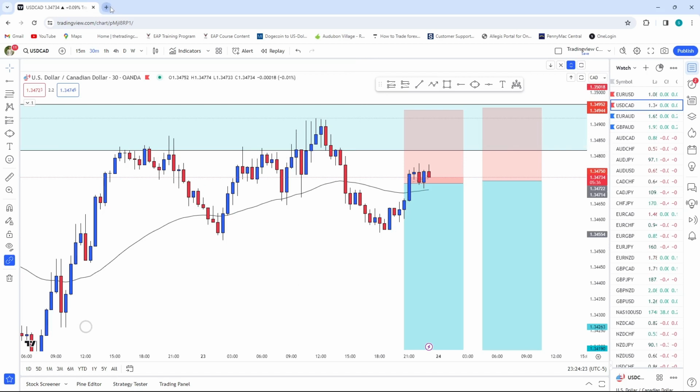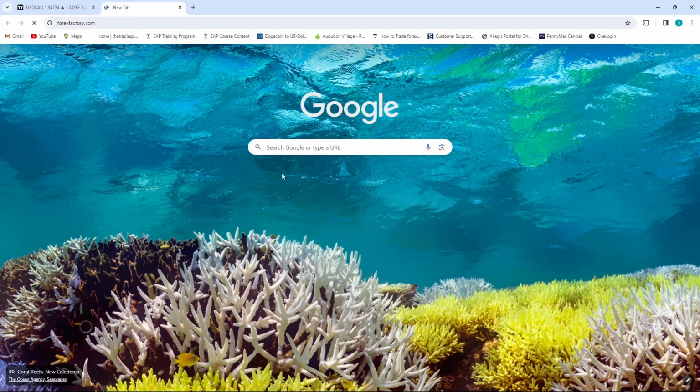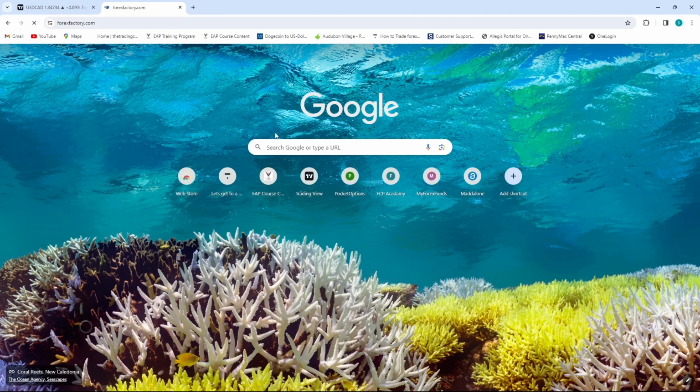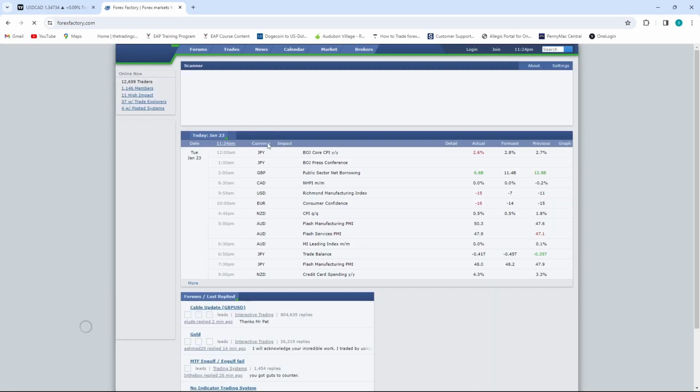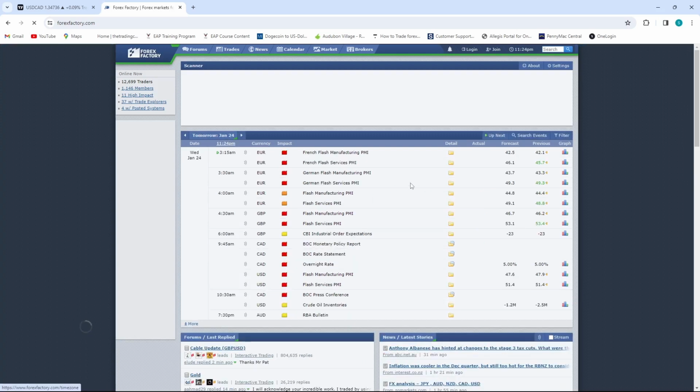Now, we do have news tomorrow for both CAD and USD, which I am a little bit hesitant on, but I'm already in the trade, so it is what it is.